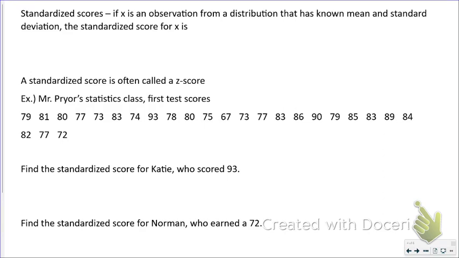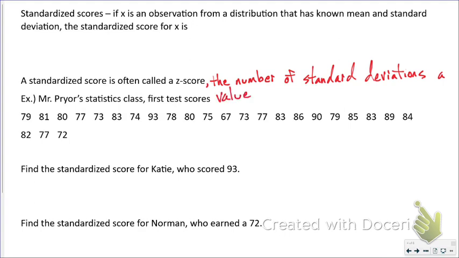So first off, a standardized score is often called a z-score, and it is the number of standard deviations a value is from the mean.